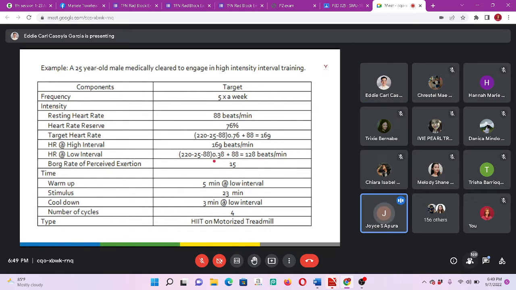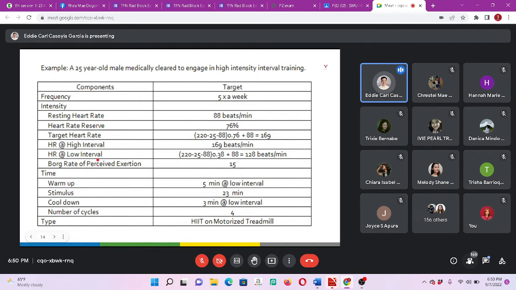Is that half of 76%, sir? Yes, very good. So get half of your original heart rate reserve number. So half of 0.76 is 0.38. So that's the reason why it's 0.38. And then plus your resting heart rate, and get the answer, 128 beats per minute. So this will be your heart rate at low interval.